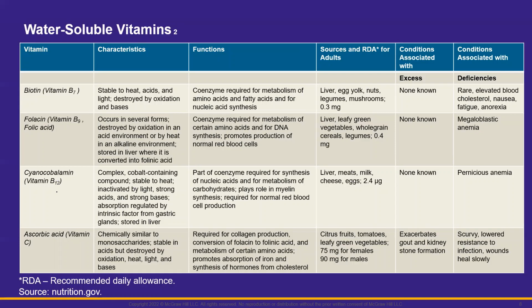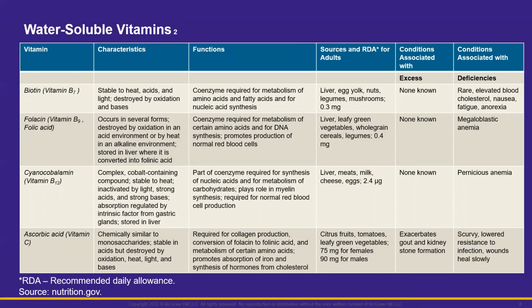Cyanocobalamin, or vitamin B12, a complex cobalt-containing compound. So it has a metal, cobalt, stable to heat, inactivated by light, strong acid, and strong bases. Absorption regulated by intrinsic factor from gastric glands, stored in liver. Function: part of a coenzyme required for synthesis of nucleic acid and for metabolism of carbohydrate.